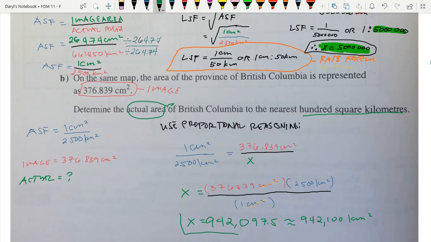So this would be the area of British Columbia. This is the actual area of British Columbia.